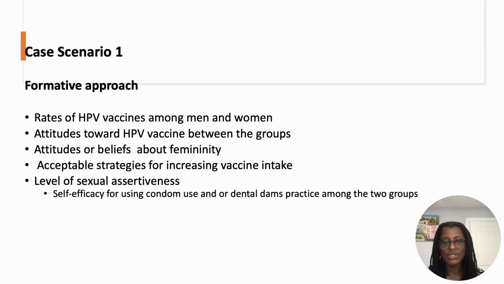So attitudes toward the HPV vaccine between the groups are really important, because there's research to show that there's some misinformation around it. If I allow my daughter, who is a teenager, an adolescent, to get this vaccine, am I saying essentially that she's able to engage in sexual activities, because HPV risks are transmitted through sexual activities?